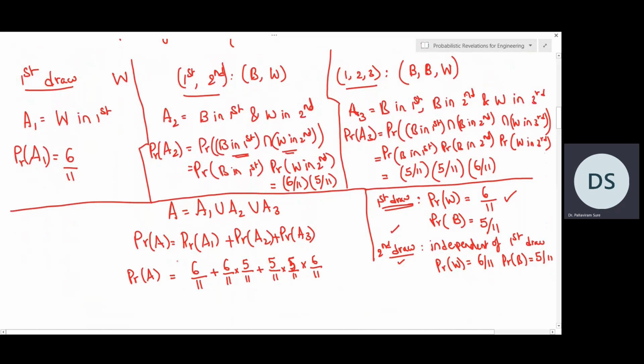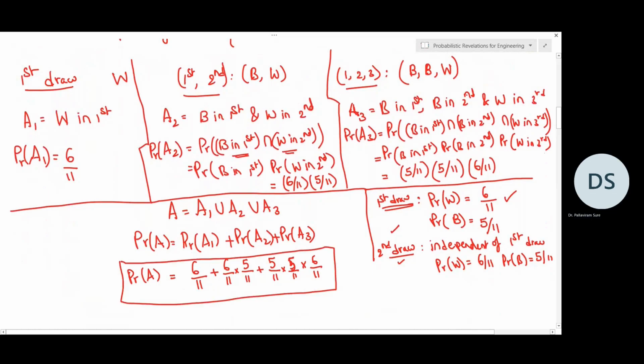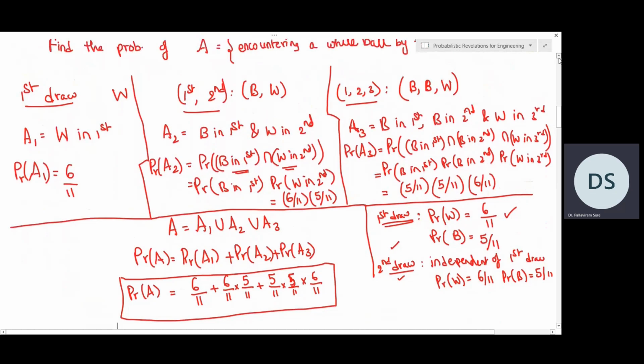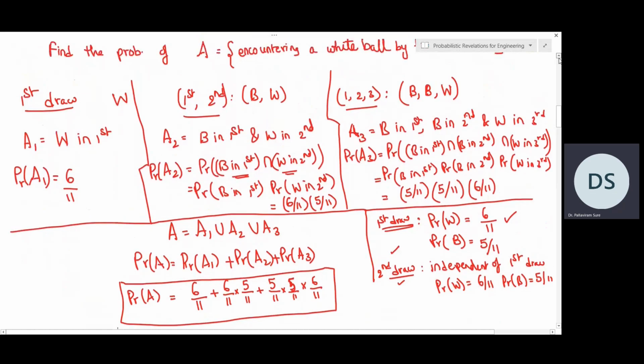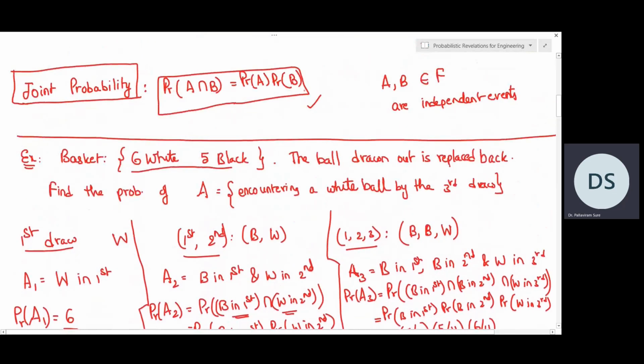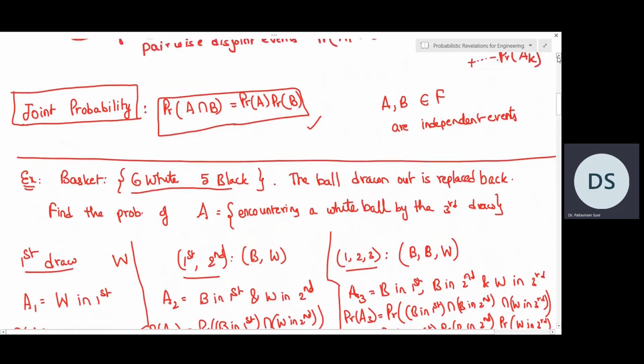So you can see that we have expressed the event A using 3 different events which are independent and they are mutually exclusive. And we have used the joint probability, that is the probability of A intersection B is equal to the probability of A into the probability of B only when they are independent events. This rule along with the mutually exclusive or the independent event rule, that is this axiom number 3 itself.